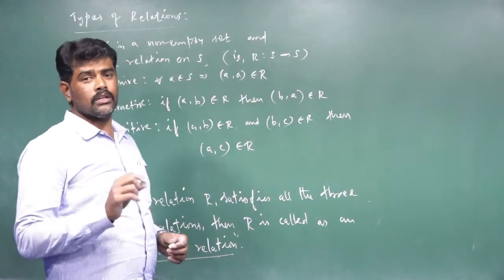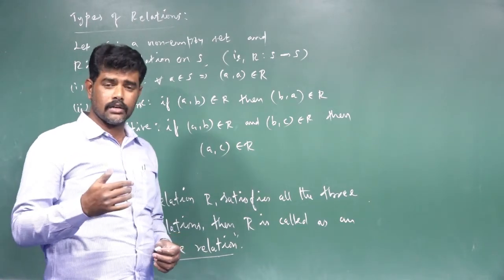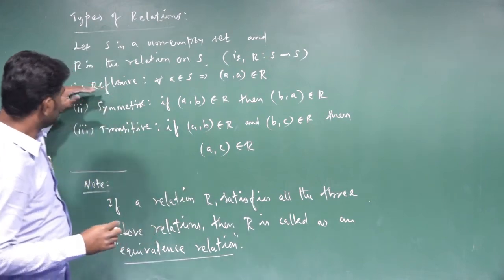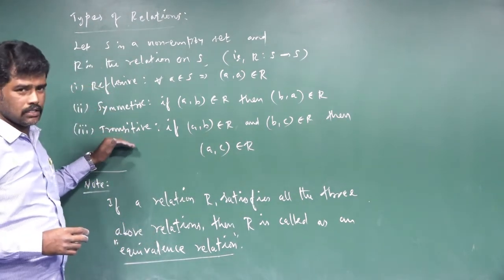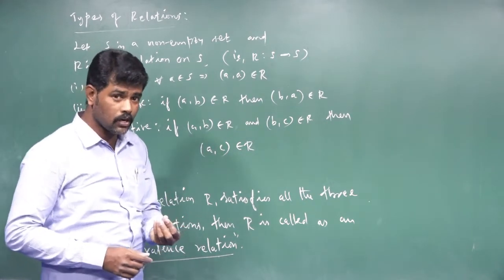Now, types of relations. Relations are classified into three types: reflexive, symmetric, transitive. Let us take one non-empty set.